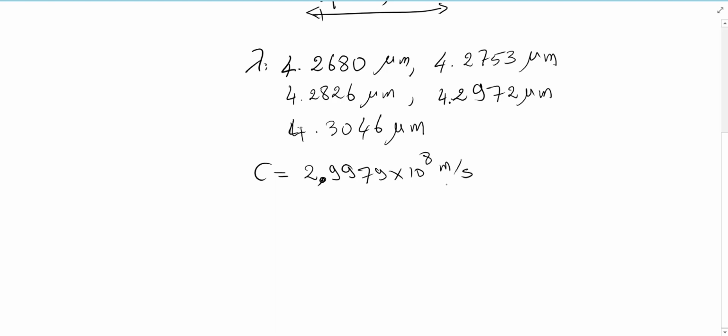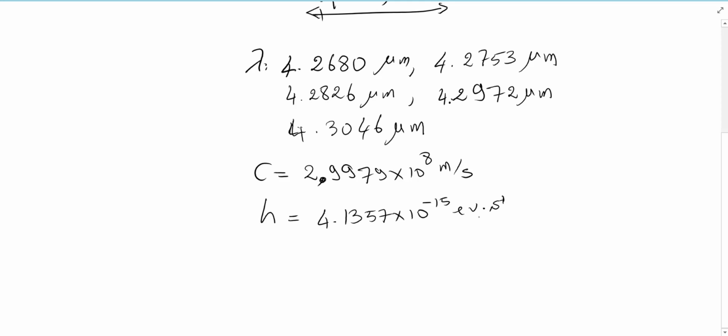And h, in this case, we're going to be using electron volts instead of joules, so it's defined as 4.1357 times 10 to the power negative 15 electron volt times second, not per second. It's an action, energy times second.